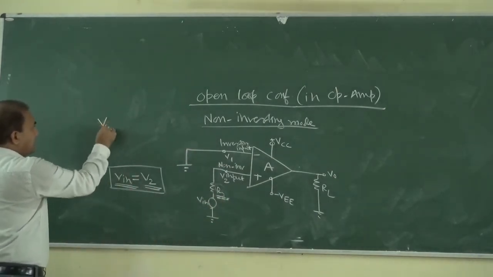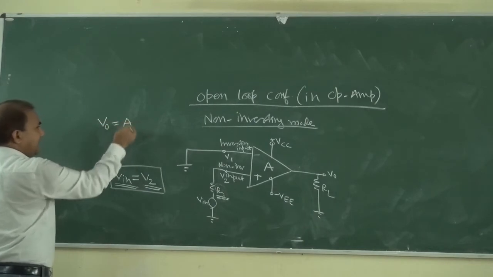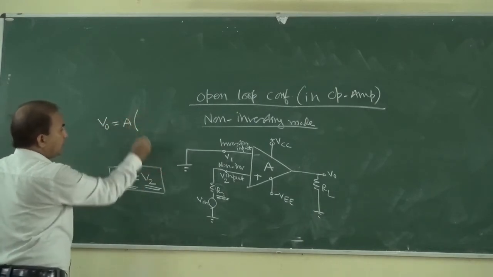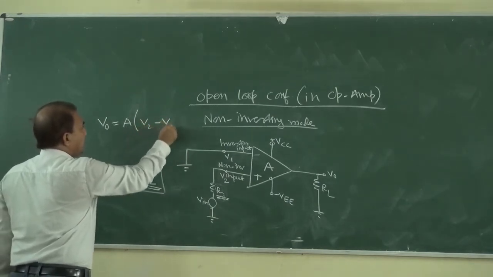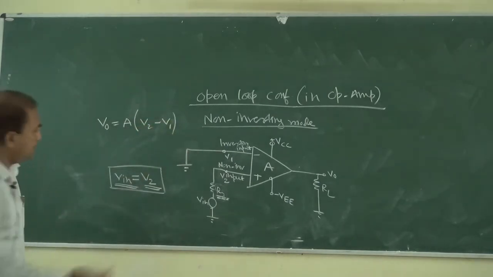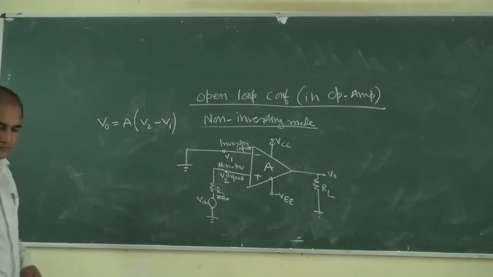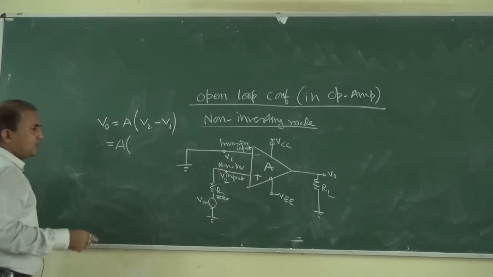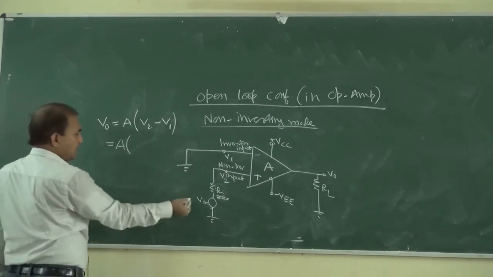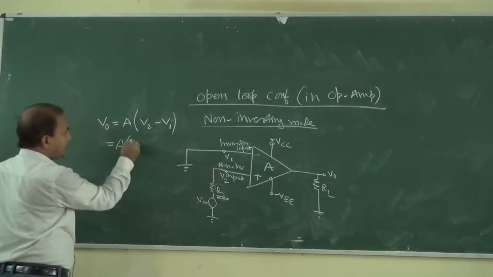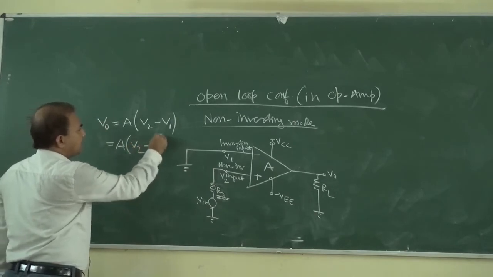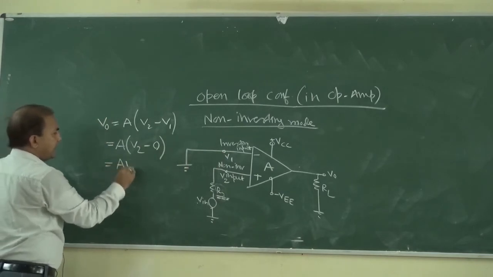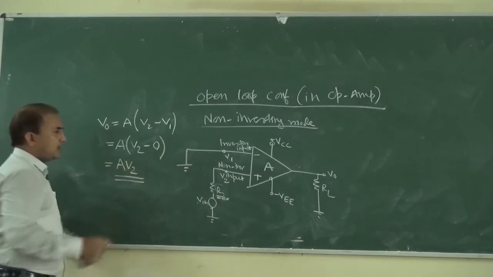We can write V out equal to A, the open loop gain of this operational amplifier, into V2 minus V1. Okay. So we can write it equal to A into V2 minus 0 volt, because V1 is connected to ground. So it is equal to A multiplied with V2.